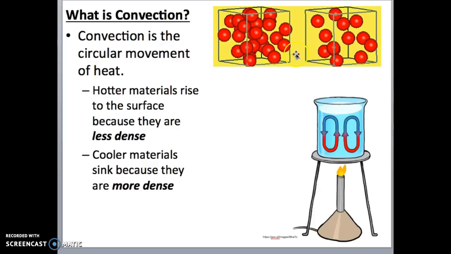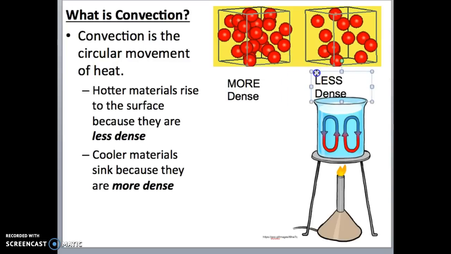The picture over here shows something that's more dense, and the picture over here shows something that's less dense. The denser materials will sink to the bottom, whereas the less dense materials will rise to the top.